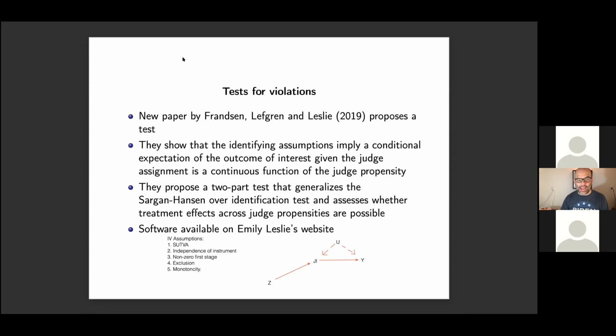So what you've got to ask yourself is, the whole diagram shows exclusion. The whole diagram is a picture of exclusion. So ask yourself, could Z and U be correlated? How? Could Z cause Y in some other way, some way other than JI?